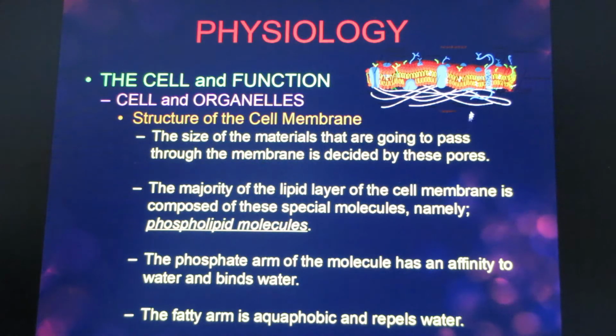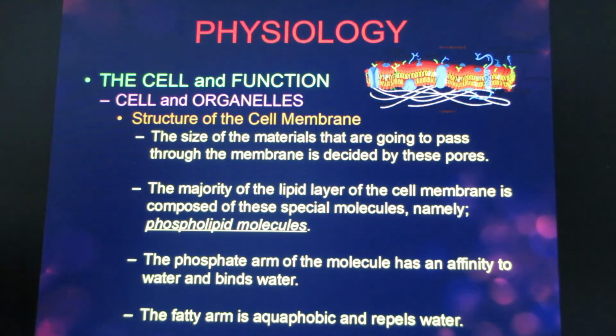So the circles that you see here represent the phosphate arms of the structures that form the cell membrane, and these long strings represent the lipids, the fatty arms of the membrane.